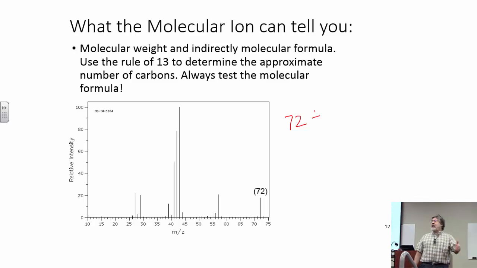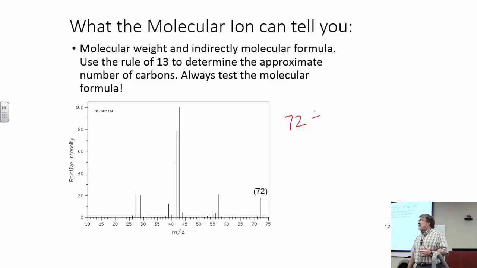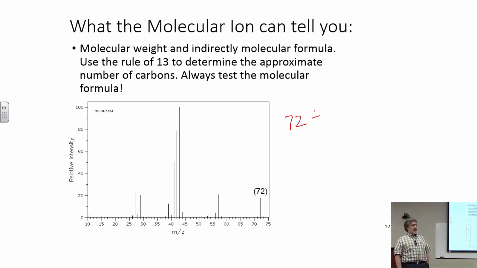So any number less than 12 would have been right. Or possible, I should say. But if it exceeded 12, that would not be possible. Had we calculated C5H14, you'd have to say, no, that's not possible. Okay? Make sense? All right, good. So C5H12 is a possible molecular formula for this compound.